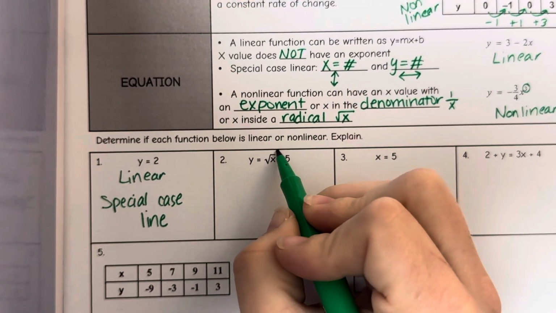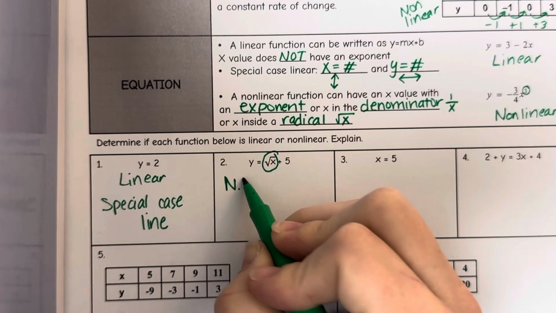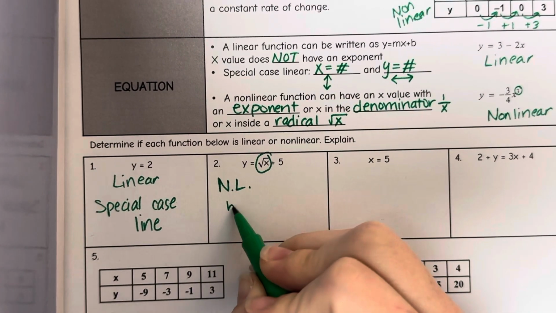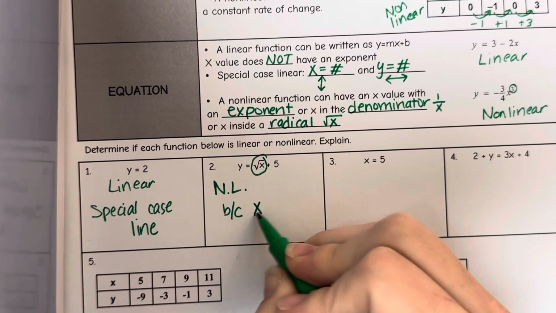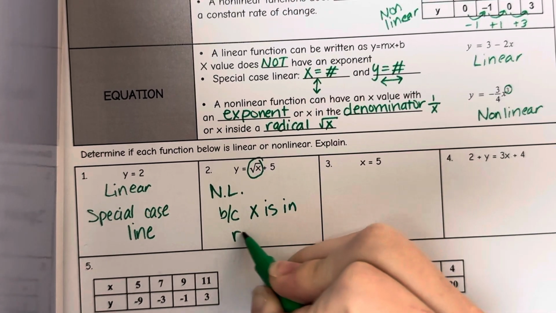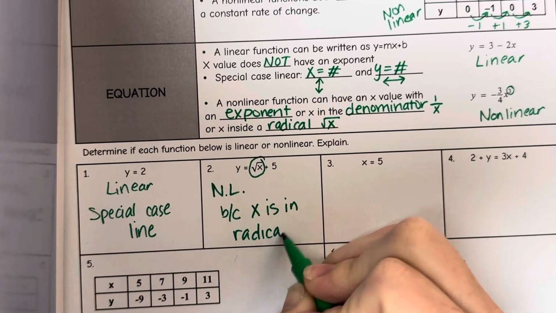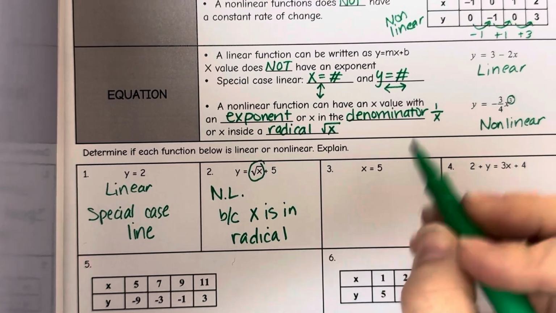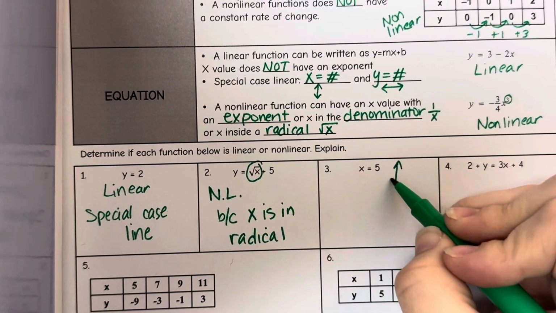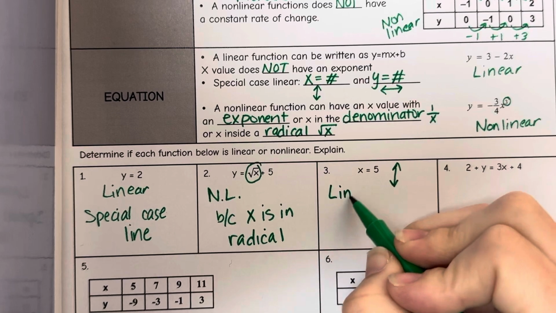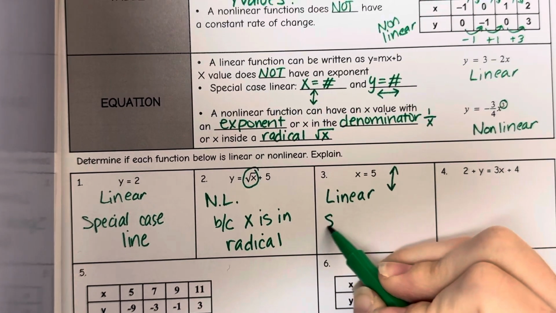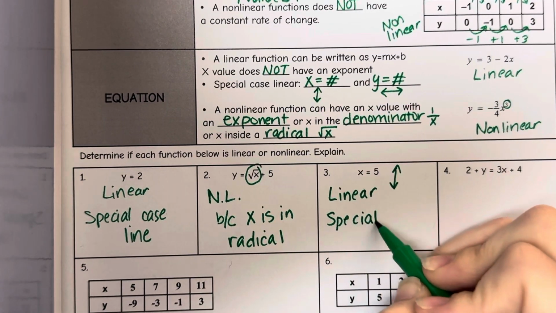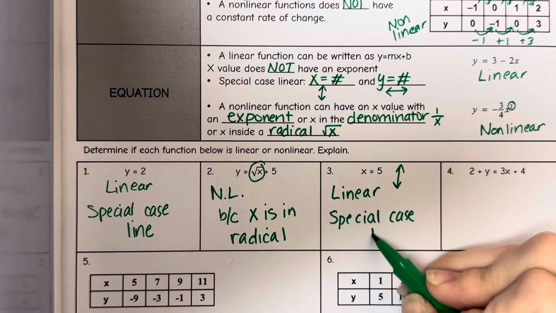So because of this, it is nonlinear because x is in a radical. Number 3, I've got x equals 5. This is one of those special case lines. It would be graphed like this. So this is linear because it is a special case line.